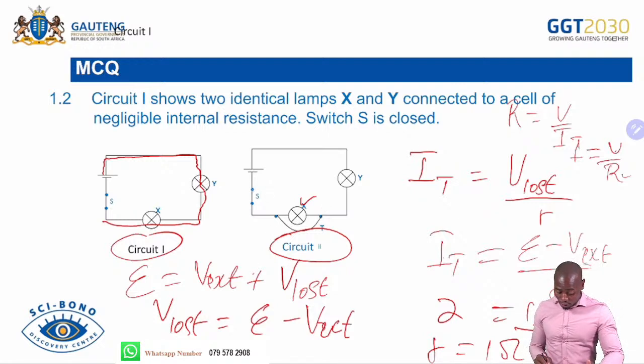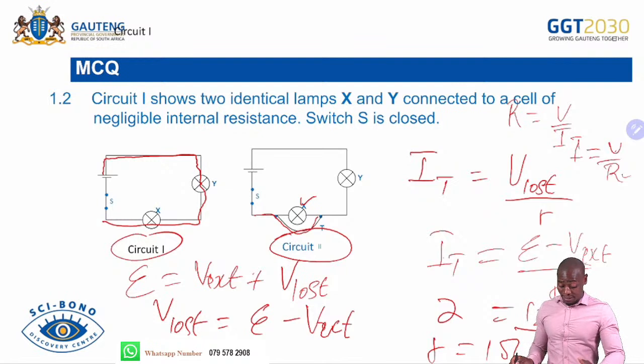So current will only choose a path where there's zero resistance. So there will be no current that will pass through X. The current will just choose this path because wire T has negligible resistance, or it has zero resistance. So there's no way that current will choose a path where there's resistance, while there's a path without it.